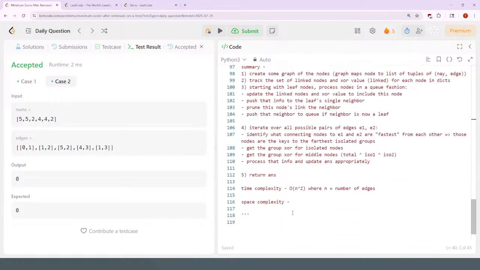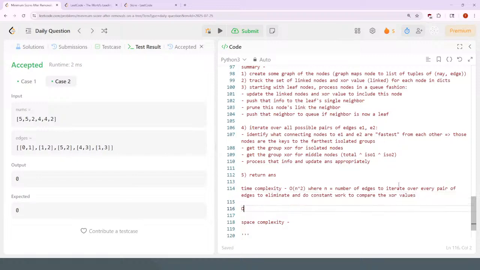Anyways, to iterate over every pair of edges to eliminate, and do constant work to compare the XOR values.